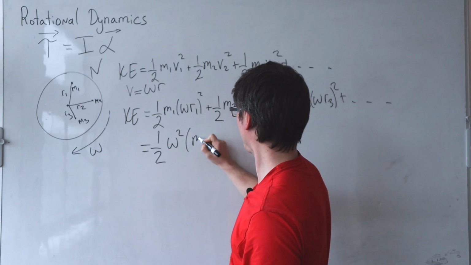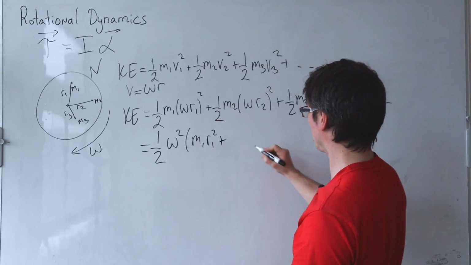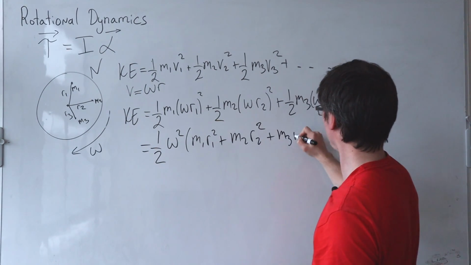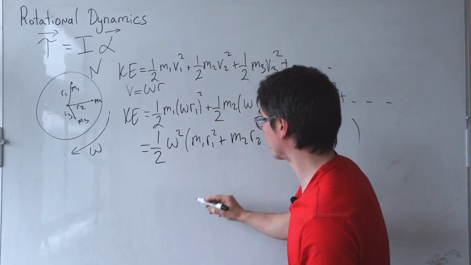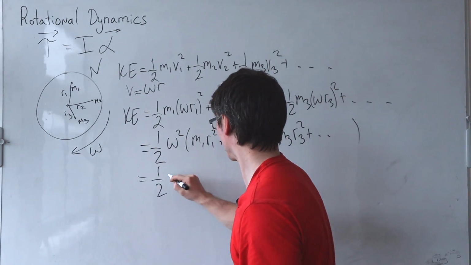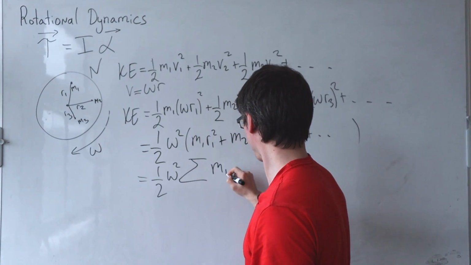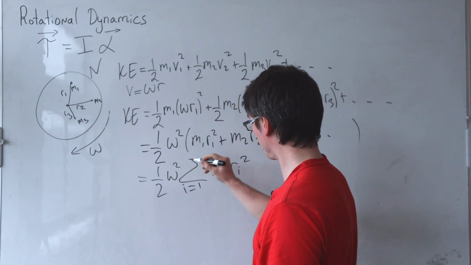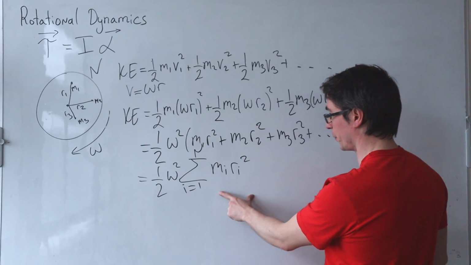We're going to have m1 r1 squared plus m2 r2 squared plus m3 r3 squared, summed up for all of them. We can write this as a half omega squared times the sum of mi ri squared, from i equals 1 for the first particle up to n particles that the system consists of.